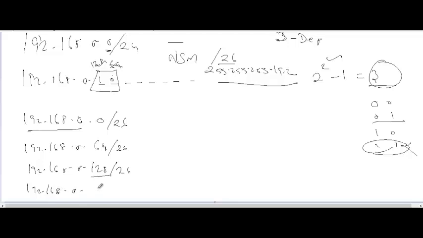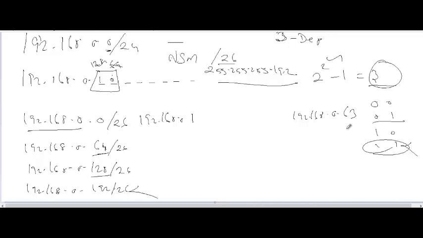Don't use this. So the first IP address of this will be 192.168.0.1, and the broadcast is going to be 192.168.0.63. You see, the next network is 64. So 2 things you need to be aware of. One is the broadcast address is not always 255 in the end.